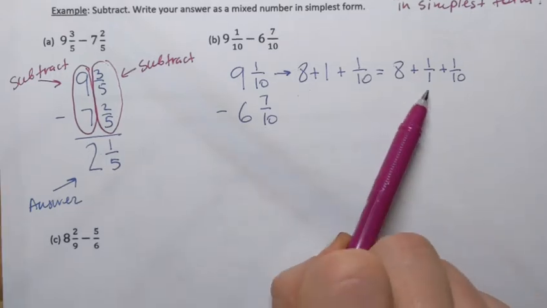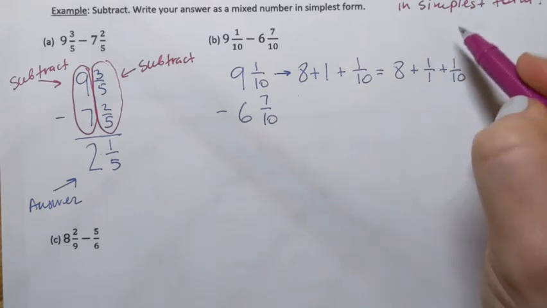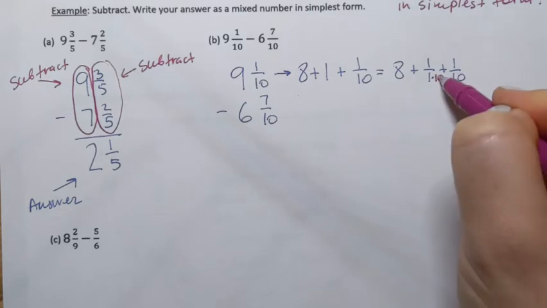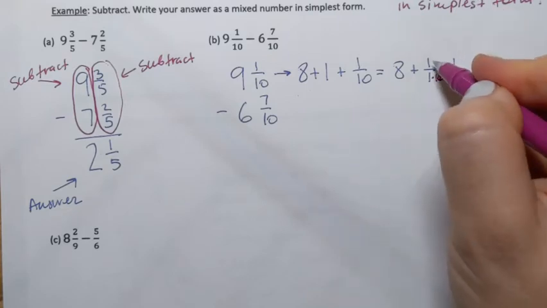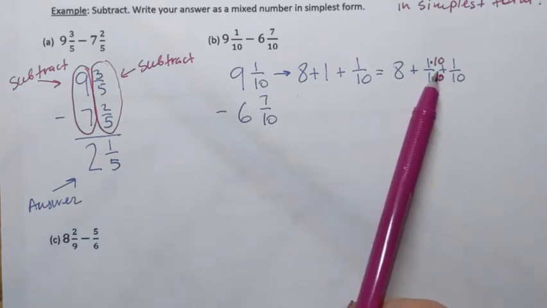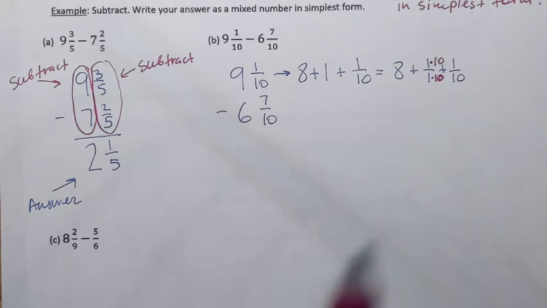They have to have the same denominators. Well, what will be the LCD for those two? It's going to be 10, right? So in other words, 1/1, I have to adjust by multiplying the denominator by 10. So it becomes 10. And I have to multiply the numerator by 10. So in other words, I will be adding 10/10 and 1/10. So what is that?